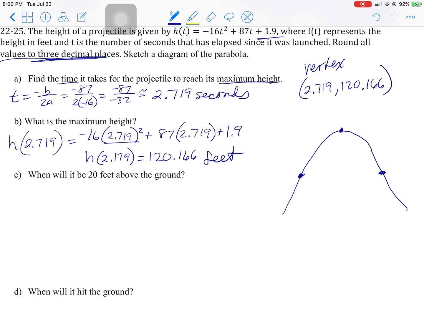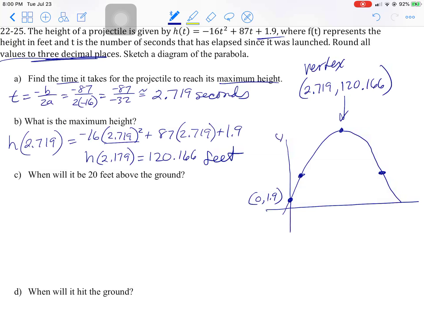Okay. That's the vertex. It got shot off the ground. This is not going to be perfect. This got shot off the ground at 1.9. That's that dot there.